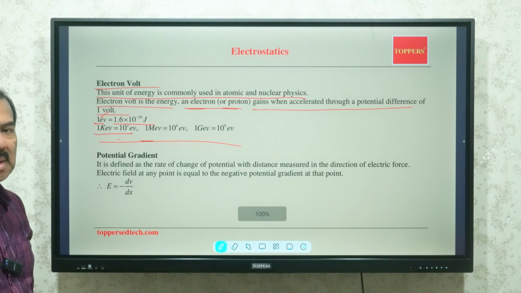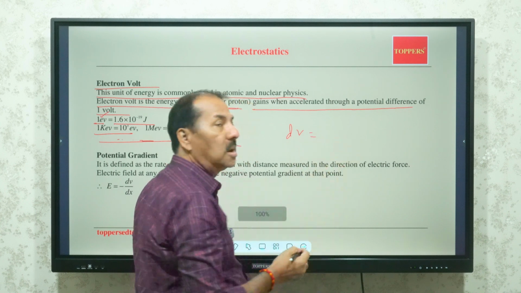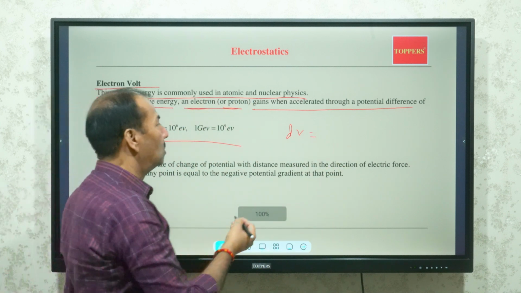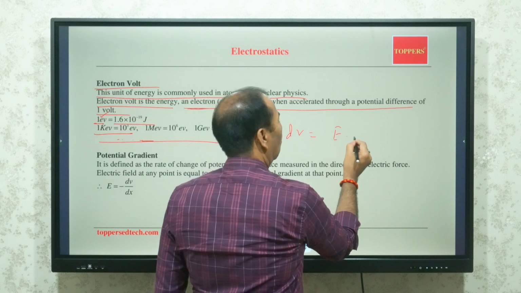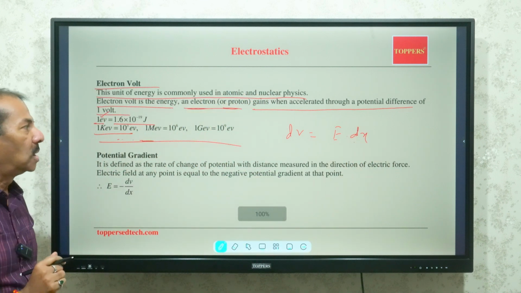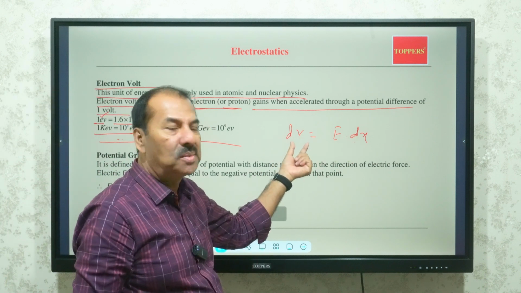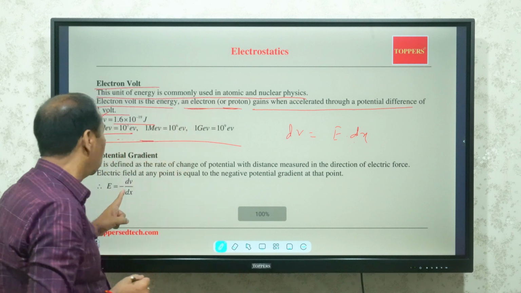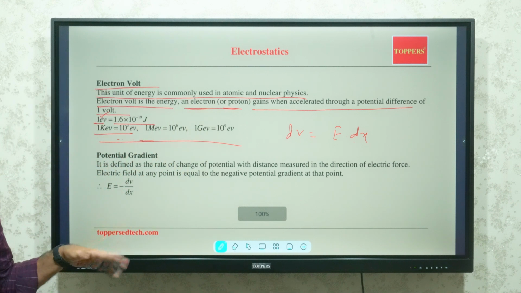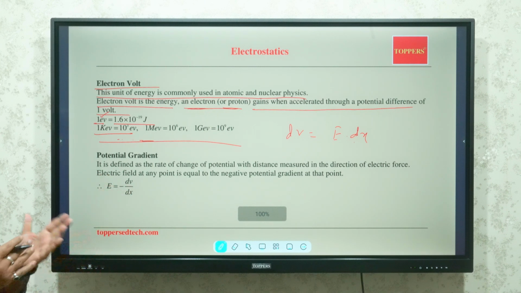Potential gradient: if you consider potential difference, we have represented it as E dot ds. So in general we can write E dot dx, where dx represents a small displacement. Corresponding to this small displacement, we have the potential difference dV. Again there is the minus sign, because we are moving against the electric lines of force or the field line.